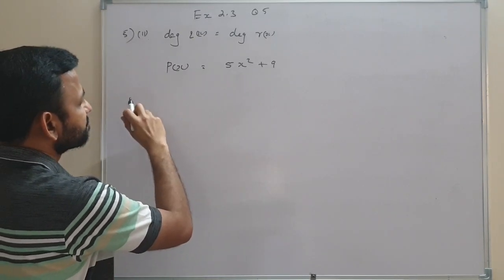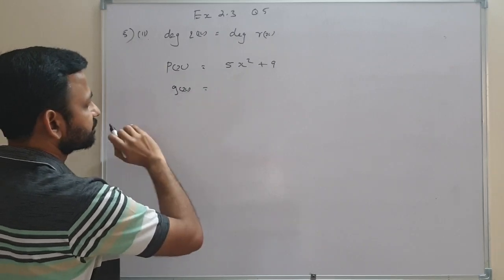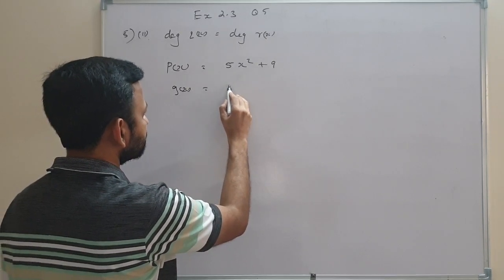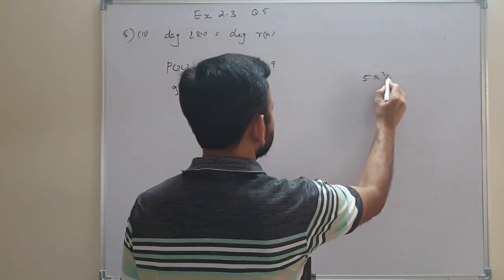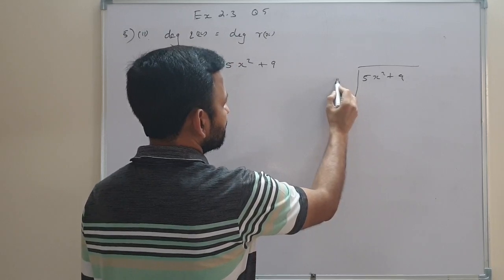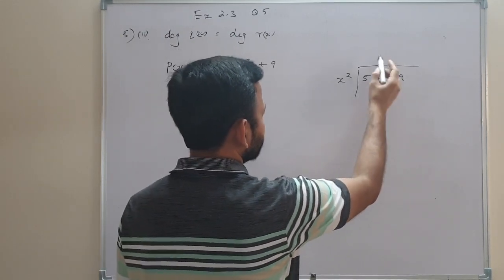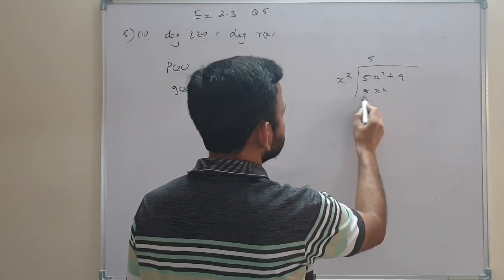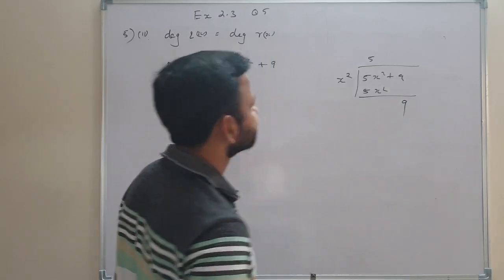And g(x) is equal to... p(x) = 5x² + 9, and g(x) = x². Dividing, 5x² upon x² is 5, giving 5x², then remainder 9.